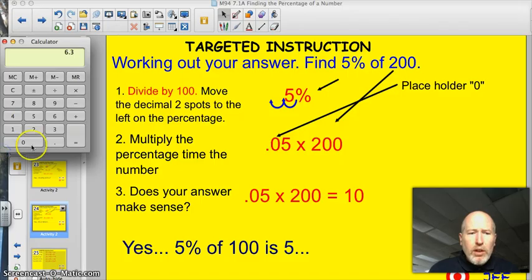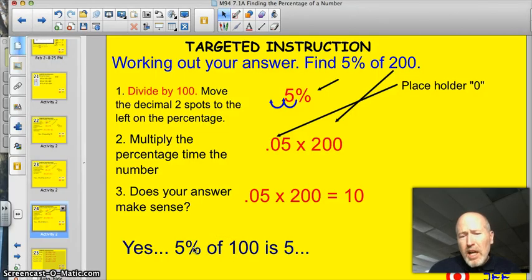We just pop that into our calculator. We get 10. Does our answer make sense? Well, yeah, it does, because 5% of 100 would be 5, so 5% of 200 will be double that, which is 10. Divide by 100 by moving the decimal 2 spots to the left. Multiply that decimal then by the number. Check to see if your answer makes sense.